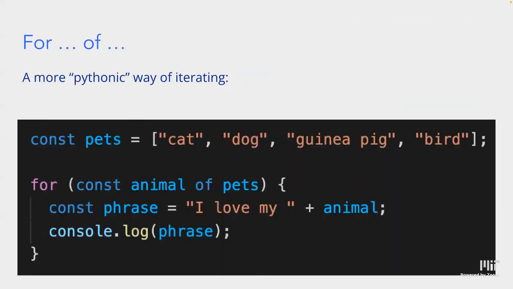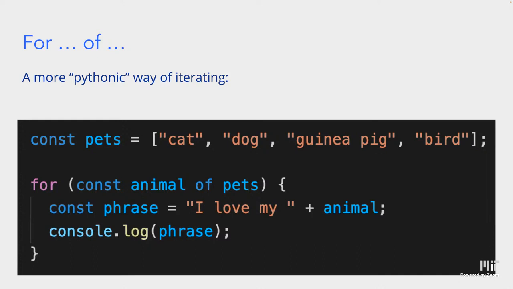Another way to use a for loop is the for of loop, which is a more Pythonic way. In Python, we have a similar capability, I think it's the for in loop. I would recommend not using for in as much, because you might confuse it with the for in loop over object properties, which gives you a completely different thing than what you want.